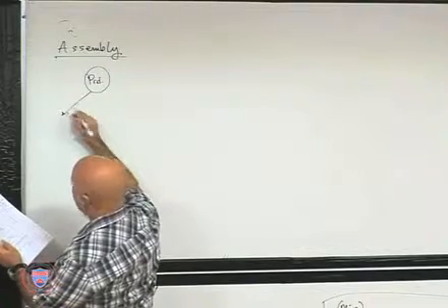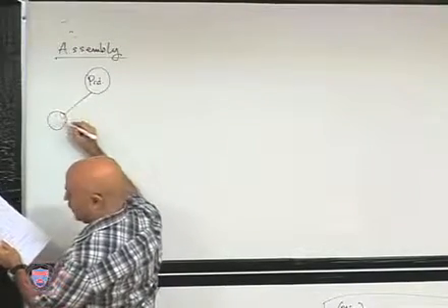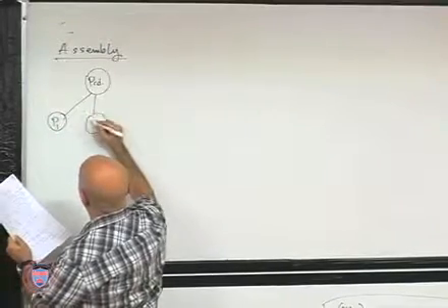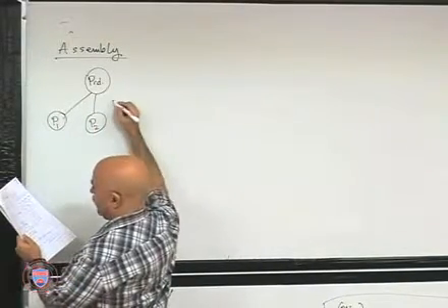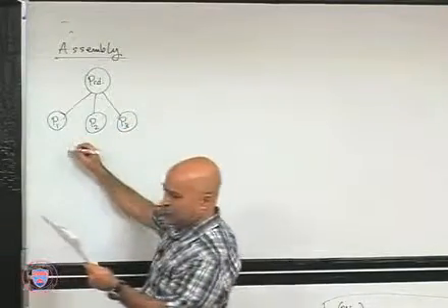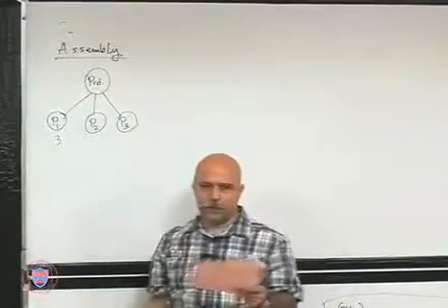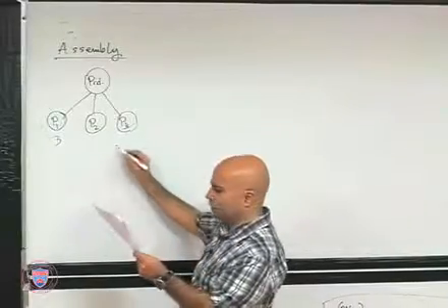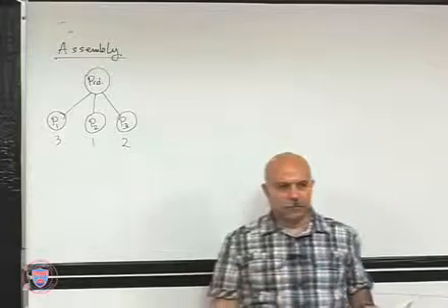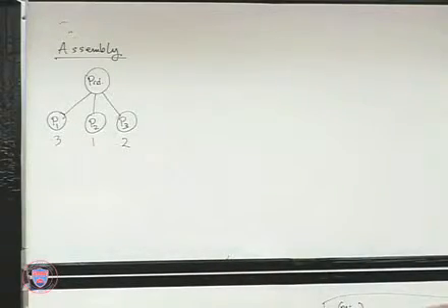It requires part 1, part 2, and part 3. But it requires 3 units of part 1 for one assembly, 1 unit of part 2, and 2 units of part 3. Okay?